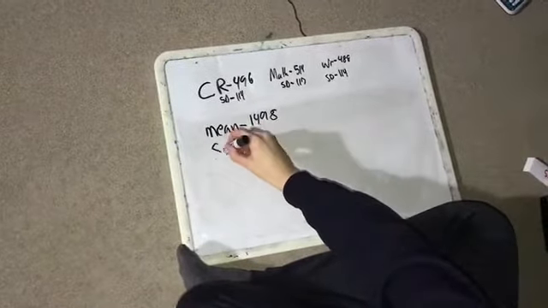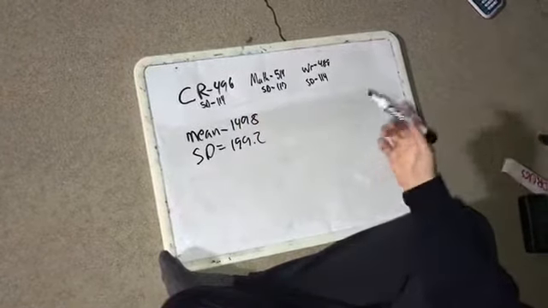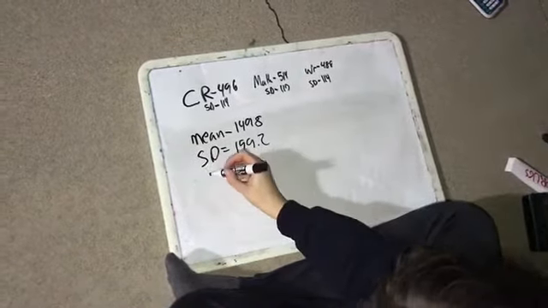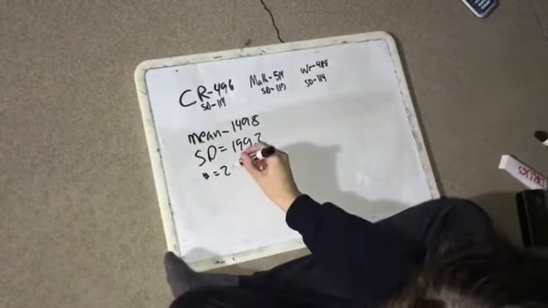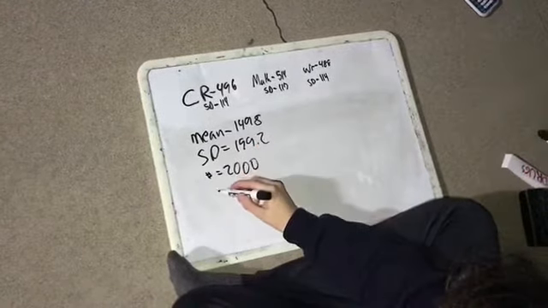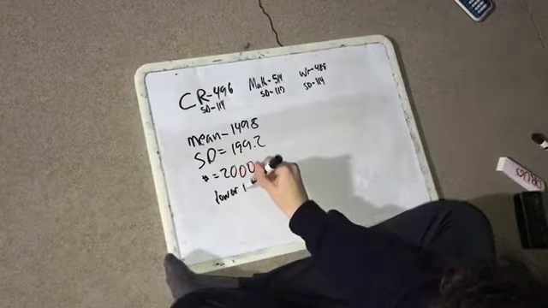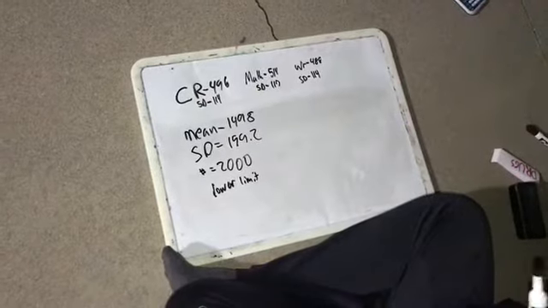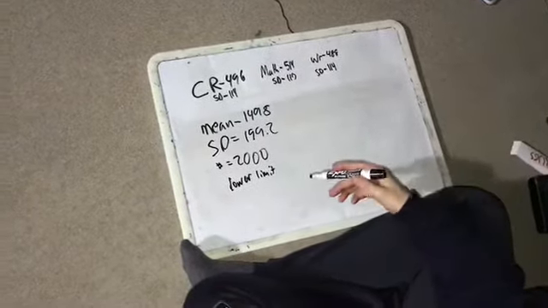Then you're going to put in your standard deviation as 199.2, which is the standard deviation of SAT scores. And then you're going to put your limit number as 2000, and mark this as a lower limit on your calculator. If you have a TI-84, then you can do that. If you don't, then, well, buy a TI-84 and you can do it this way.